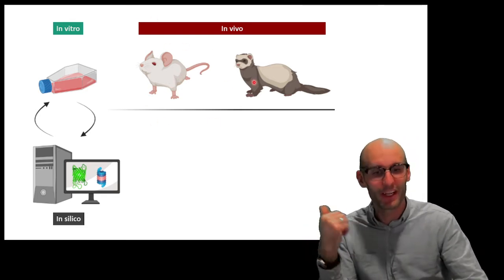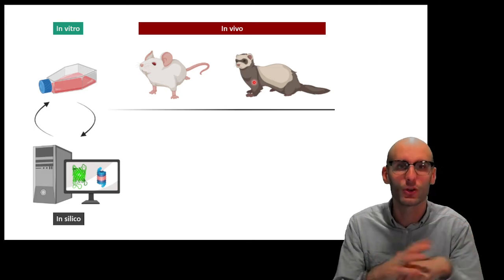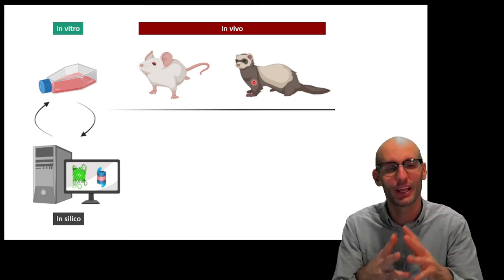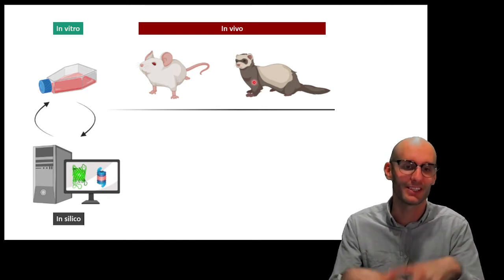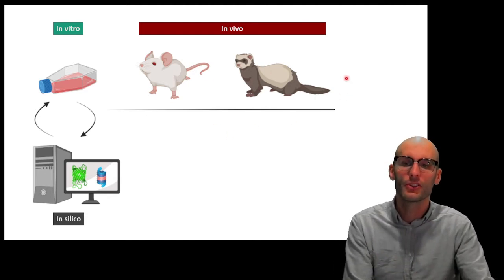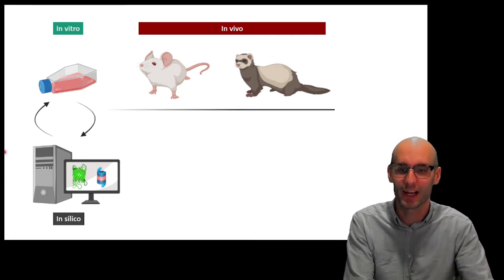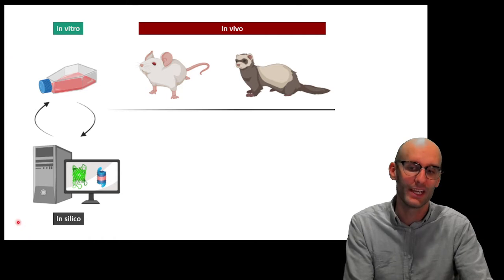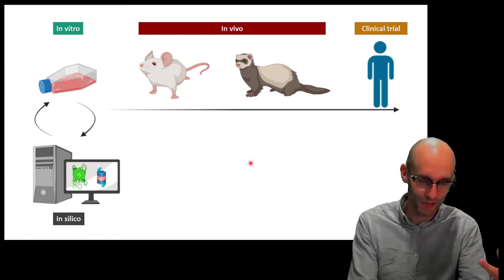In a previous video, I talked about how we generated an Alzheimer's mouse model by taking a gene that causes Alzheimer's disease and inserting it into mice, and then those mice develop memory deficits just like Alzheimer's disease. So often we generate the disease in these animals and then treat it with the drug that we have developed through the in vitro and in silico processing. We then take it into clinical trial.